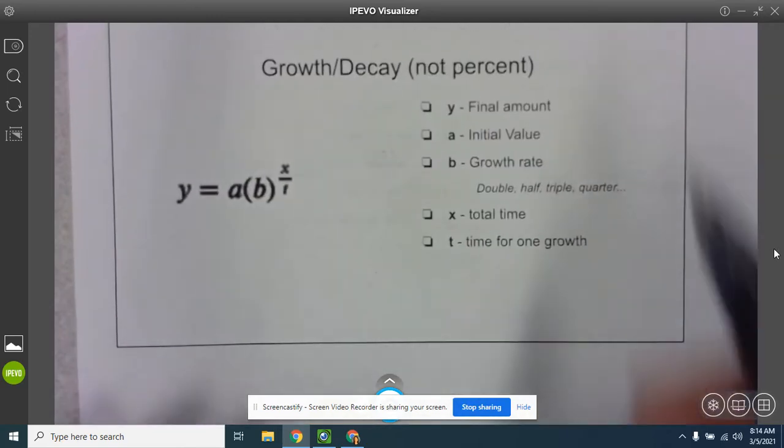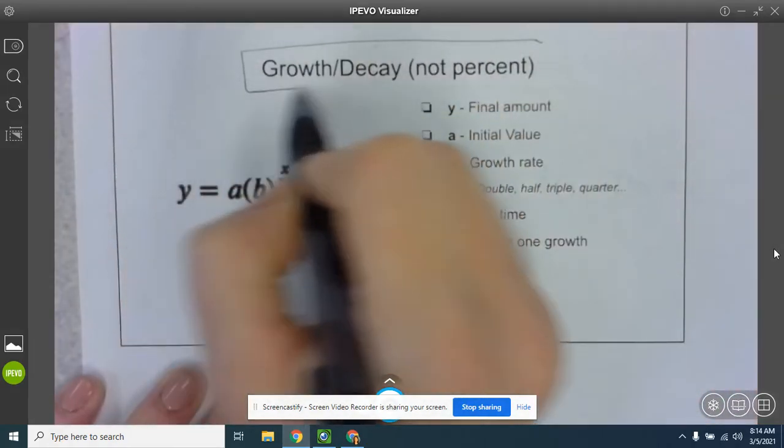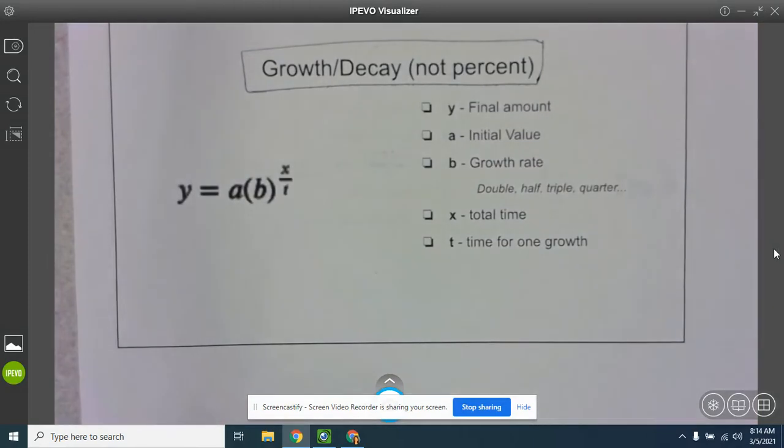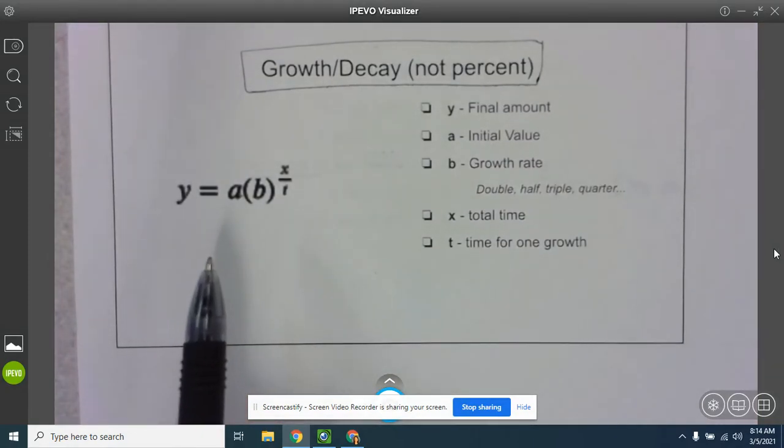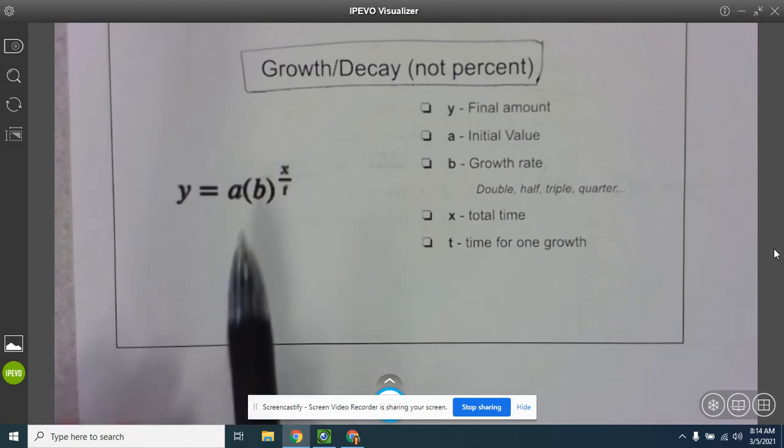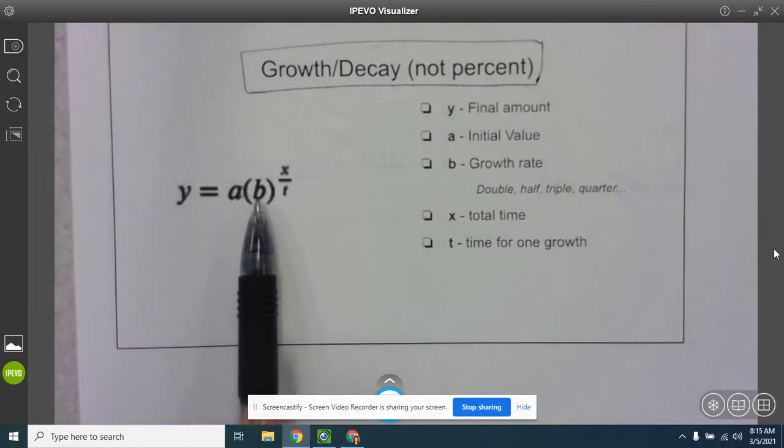And lastly, if it's not a percentage, this is what our equation is going to look like. So if it says double or half or triple or quadruple or quarter, that is going to be this equation here. You'll notice there is no R. It's not 1 plus.